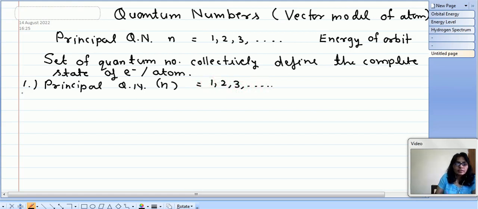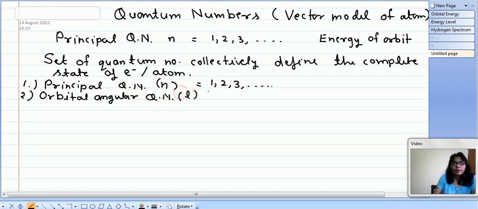Then next is the orbital angular quantum number, which is denoted by the small letter l, and this can take value starting from 0, 1, 2 up to n minus 1. 1, 2, 3 means it is K, L, M.